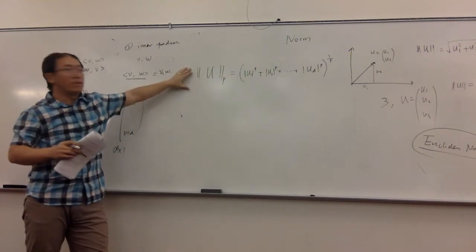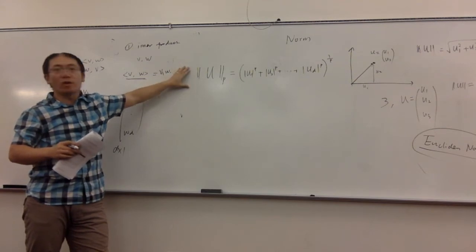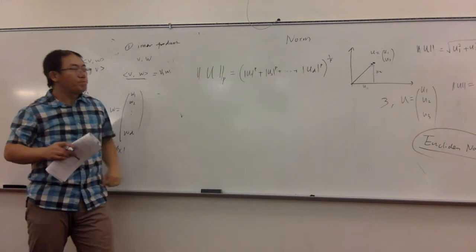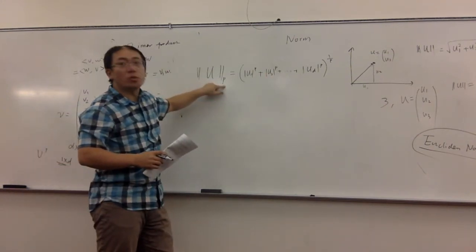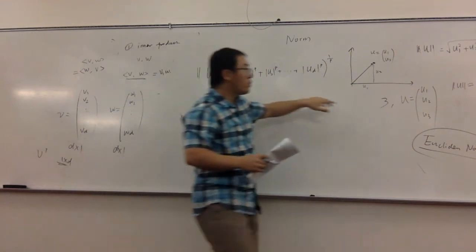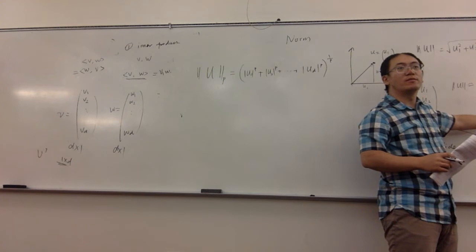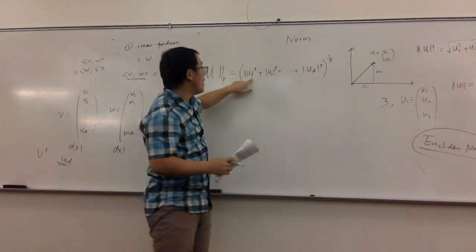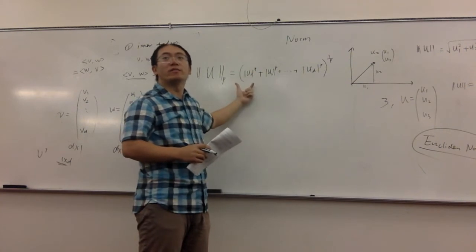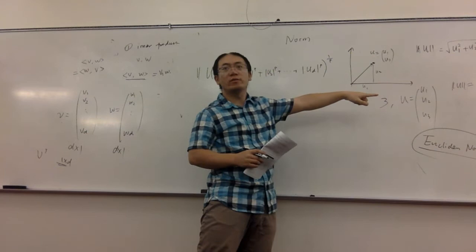This definition sounds a little weird at first sight, but it's very commonly used. We can say when P equals 2, it goes back to the Euclidean norm. When P equals 2, each absolute value to the P becomes a square, right? And outside it becomes 1 over 2, which is the square root.